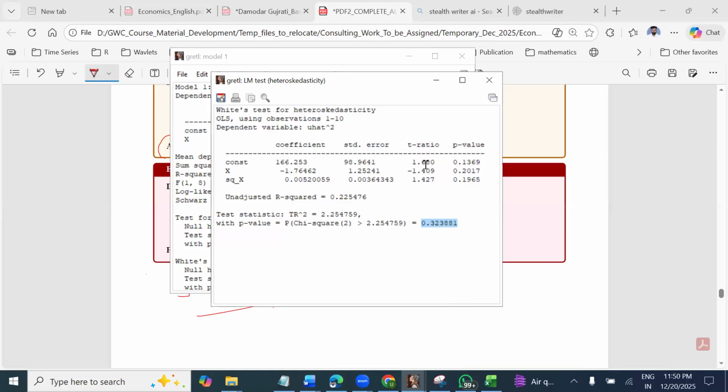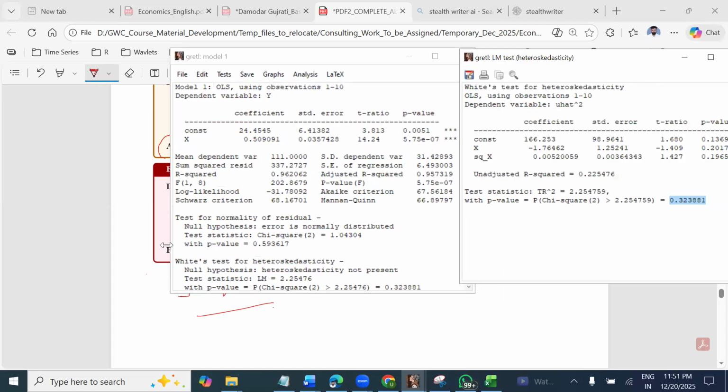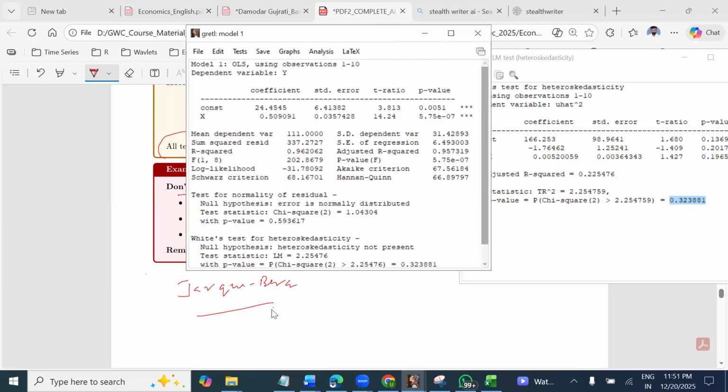I think Chinmay is not there. Madhusita, is it clear? Yes, sir. So earlier what we did, you can see over here. It is clearly written here: the null hypothesis is that heteroscedasticity is not present. Test statistic, can you see over here? LM, which we have just now cross-checked, right? So the test statistic is the LM test basically.